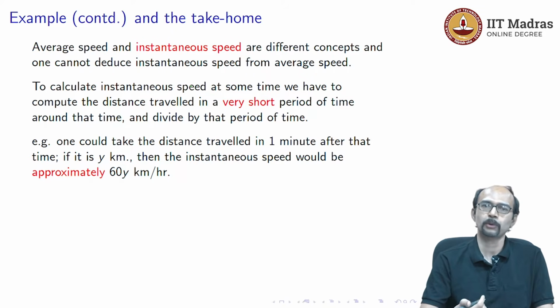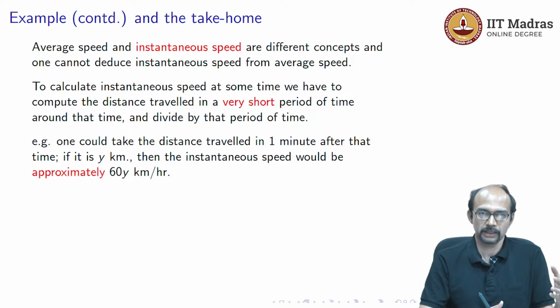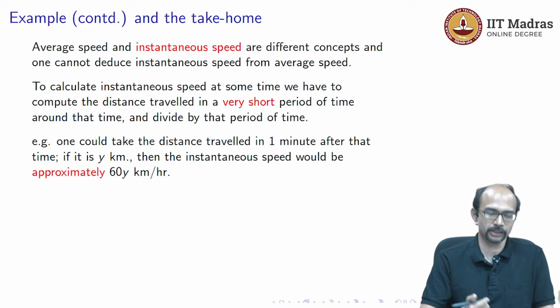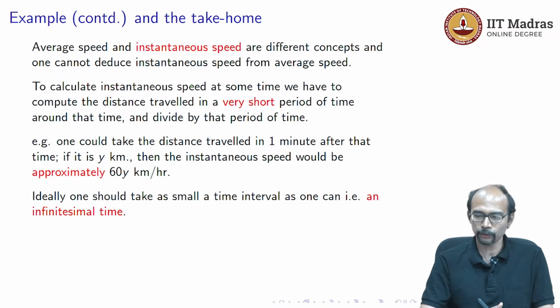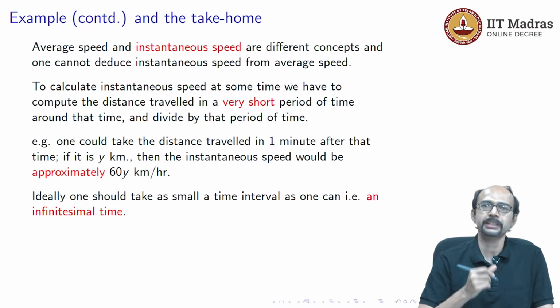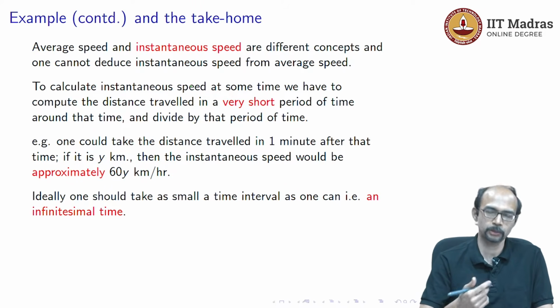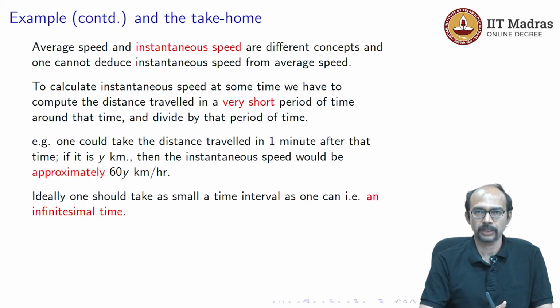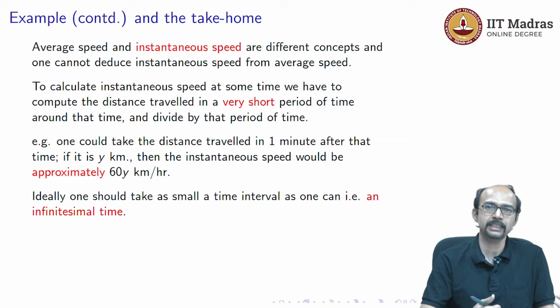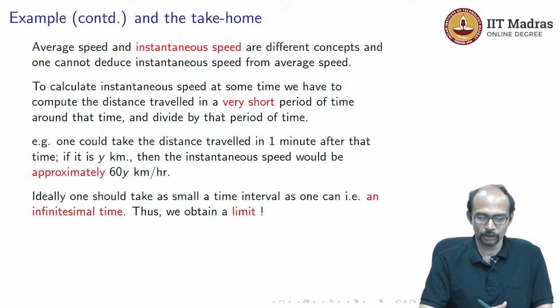So, even 1 minute could be too long. So, this is just an approximation, only we may feel intuitively that it is a better approximation than the speed computation based on the entire journey duration. So, ideally what would you do? You take as small a time interval as you possibly can, and mathematically we would call that an infinitesimal time.